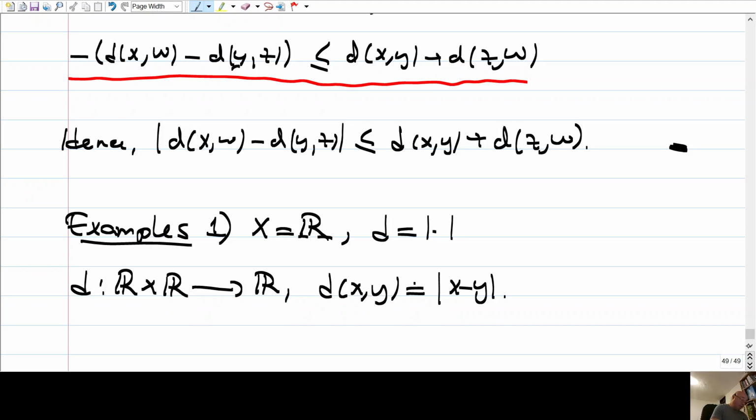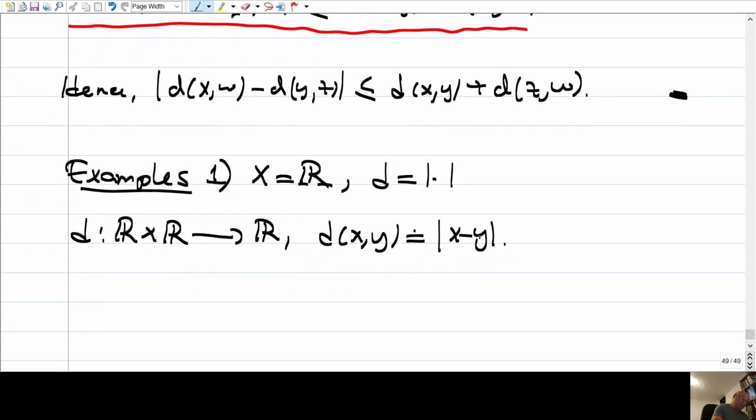We have already seen that this satisfies the triangle inequality, but let me go over it one by one. So we claim that this is a metric space, so I have to prove that this satisfies the three hypotheses about a metric.